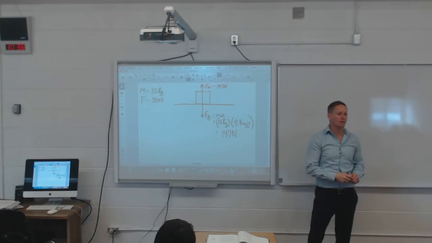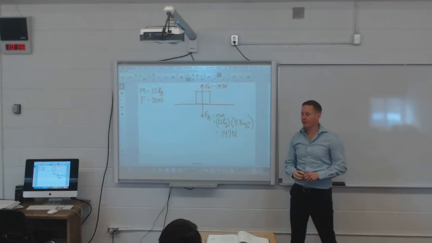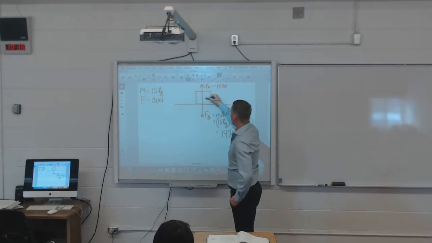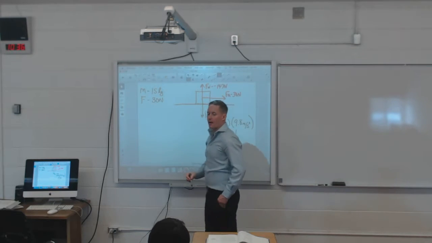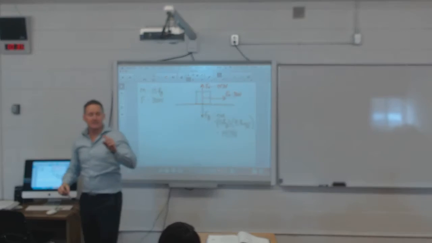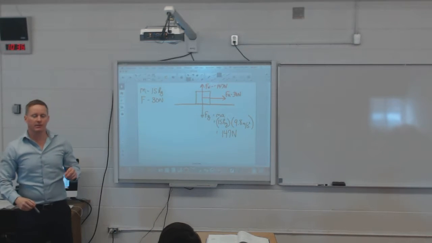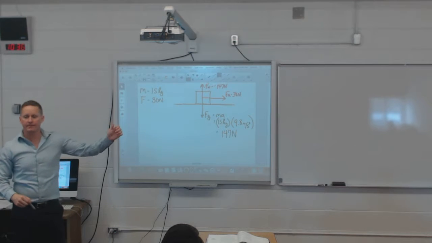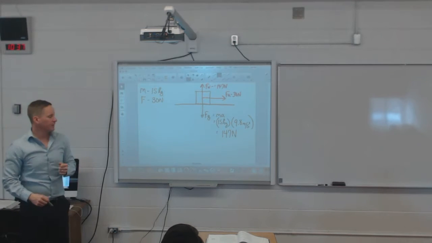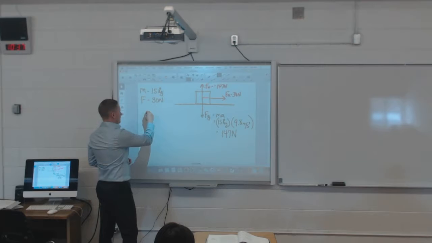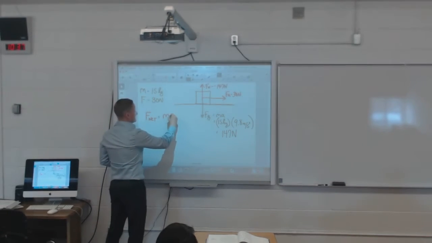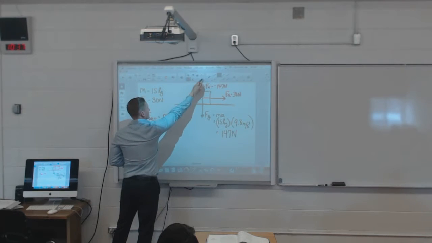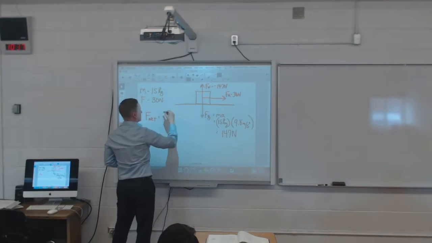Alright, so now there's a horizontal force of 30 newtons acting on it in a certain direction. We're going to say that direction is this way. That is my applied force. It's 30 newtons. Now, this is a frictionless surface. So is there anything holding it back? No, there's not. So my net force is equal to mass times acceleration.